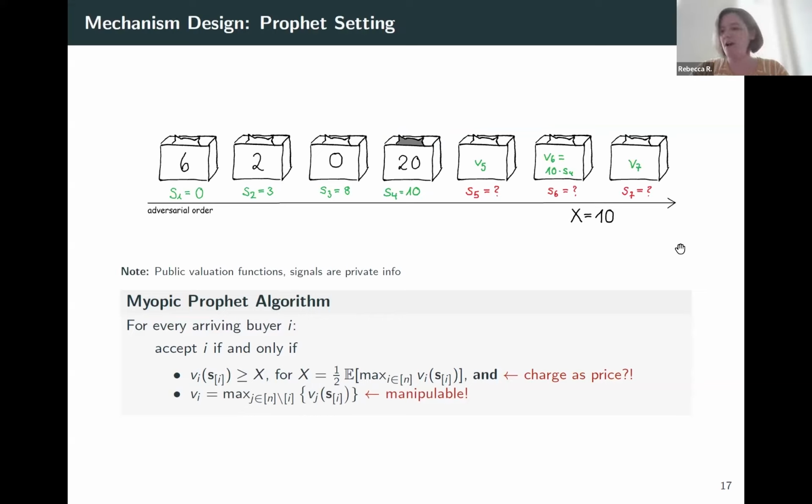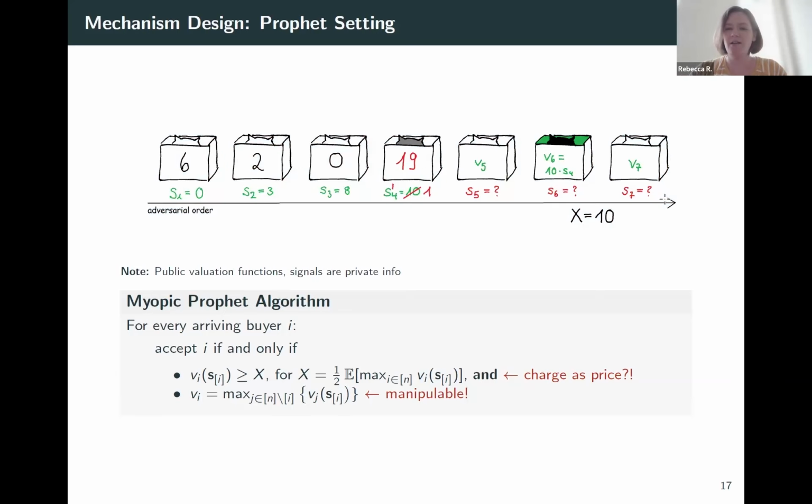So let's say we have this guy again at step 4, has a value of 20, his signal is 10. But in step 6, there will be this other guy whose value is just 10 times the signal of the 4th, which gives you 100, right? So we know in step 6, we see 100, and we won't pick the 20, although the threshold is only 10. Now, of course, number 4 will try and give us a lower signal instead to keep us from getting the 6th guy instead.